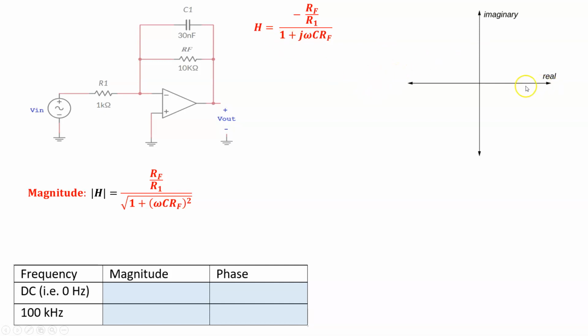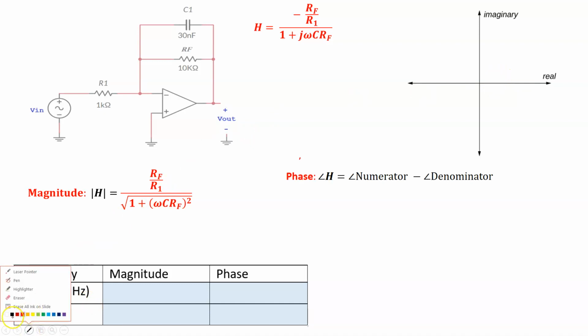So I have a point that's about 1 unit on the real axis. Here's my 1 unit on the x-axis, and I have omega C RF somewhere on the imaginary axis, so that is my point, 1 plus j omega C RF. Imagine a straight line going from the origin to here.